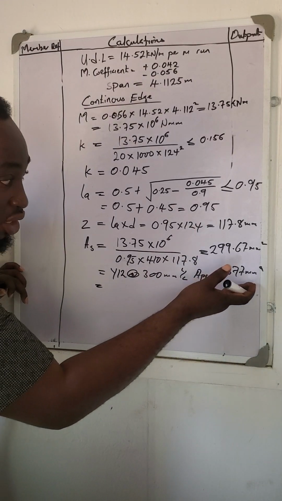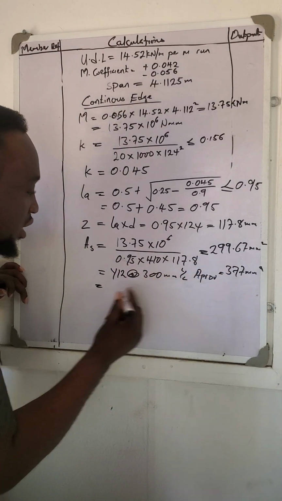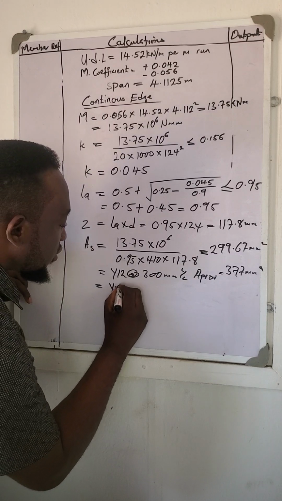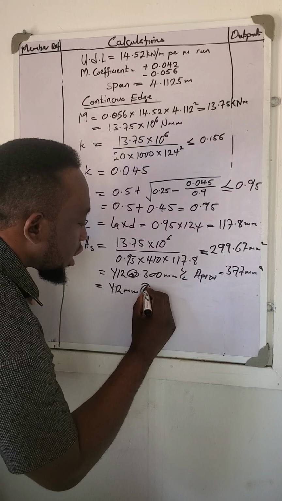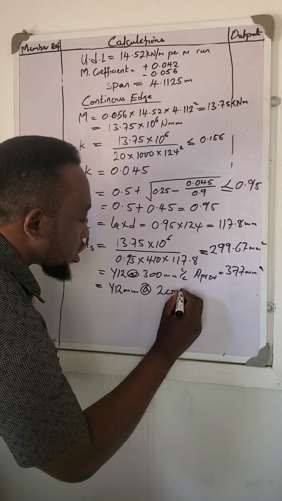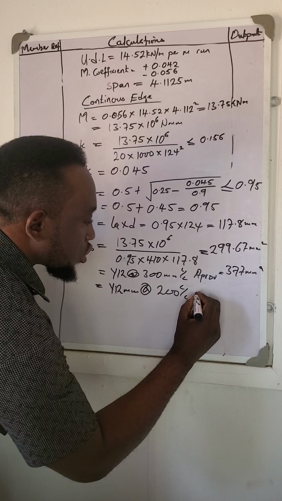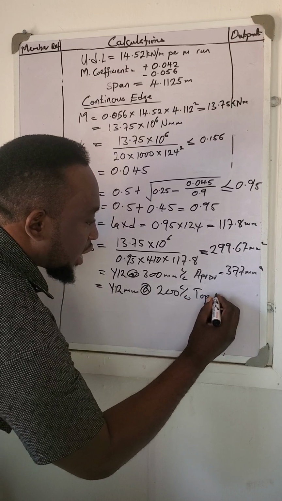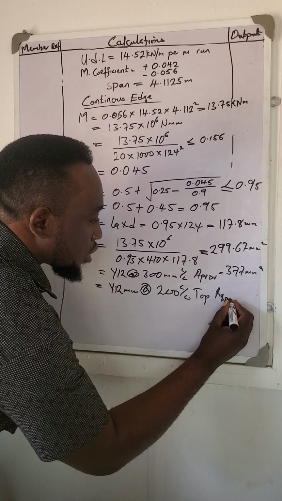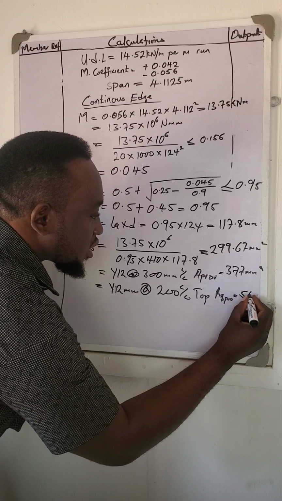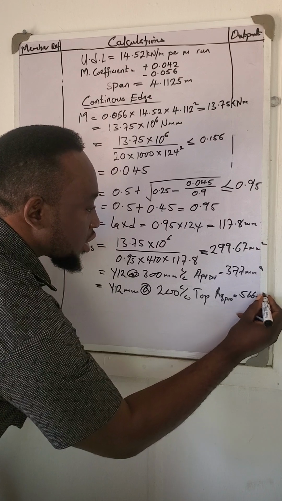Now, because of the standard nature of our materials, I'm providing 12 mm bars at 200 center to center top. And this area AS provided will be equal to 566 millimeters square.